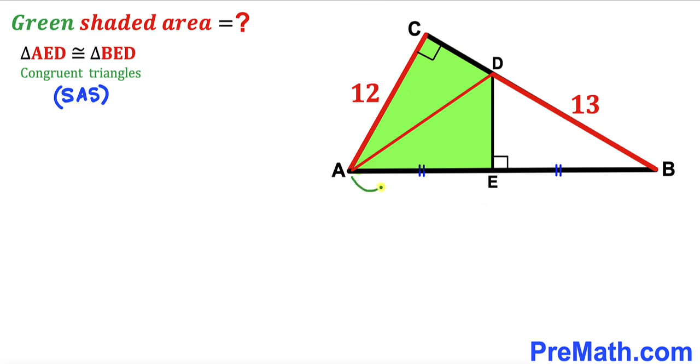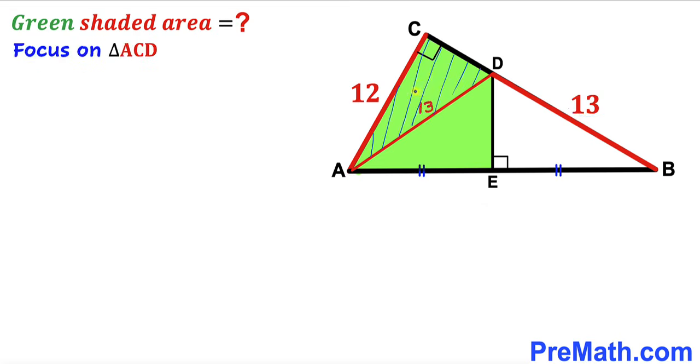This side length is equal to this side length, this side is in common, and this angle is 90 degrees, likewise this angle is 90 degrees as well. Since these two triangles are congruent, this side length is congruent to this side length as well. If side BD length is 13, then side AD length is going to be 13 units as well.